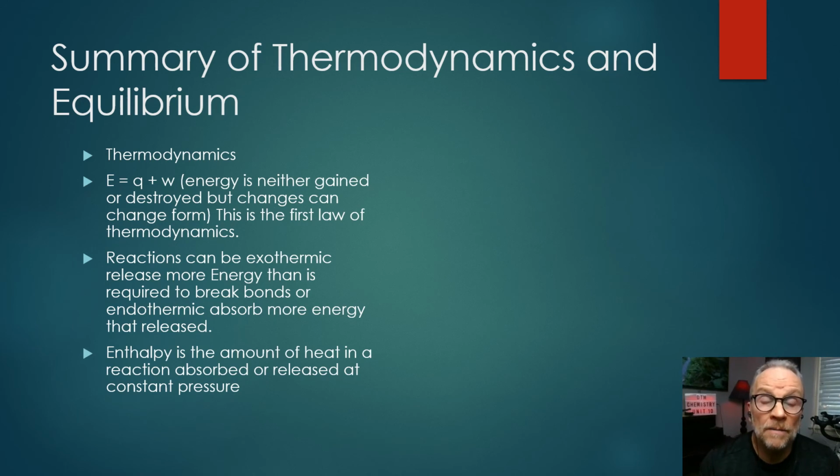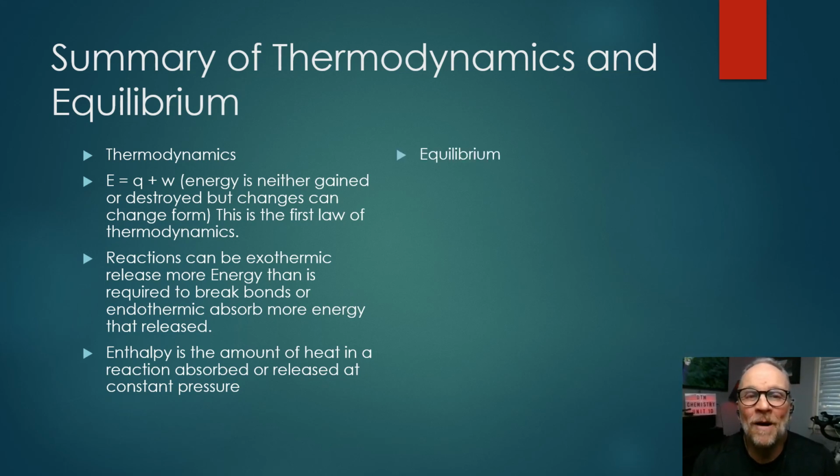And we talked about the difference between Q and H. We said that delta H is called enthalpy, which is the heat released or absorbed at constant pressure. And we said Q sub p is equal to delta H.